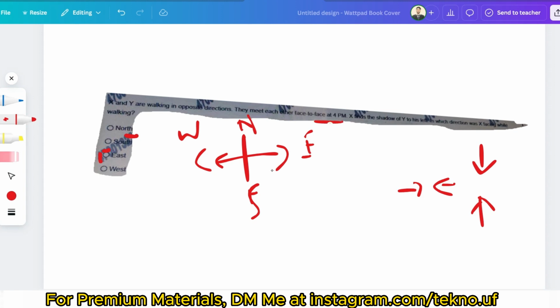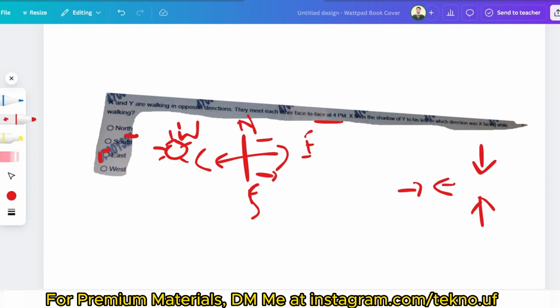in the afternoon, this is the time when the sun sets, right? The sun is at the west position. So that means wherever they are present, their shadow will be cast at the east position.